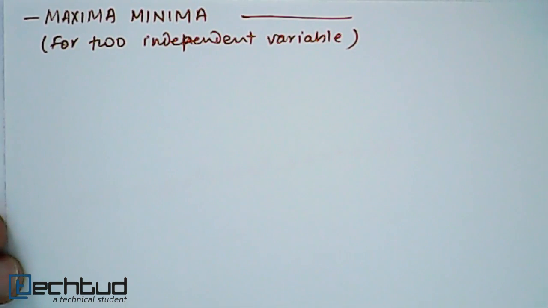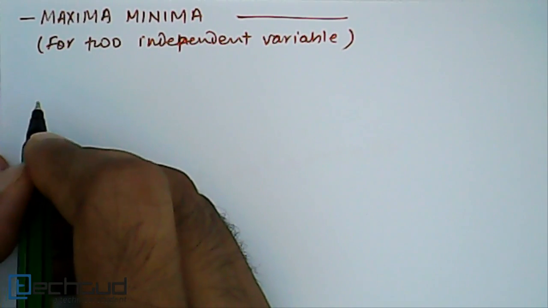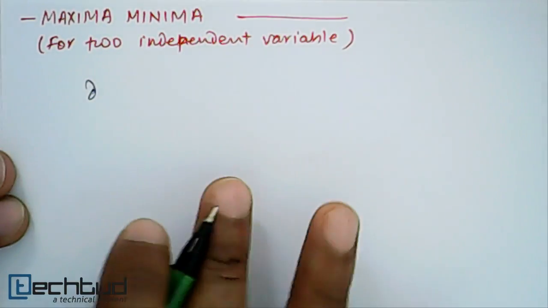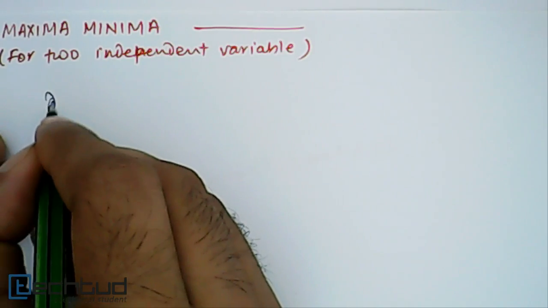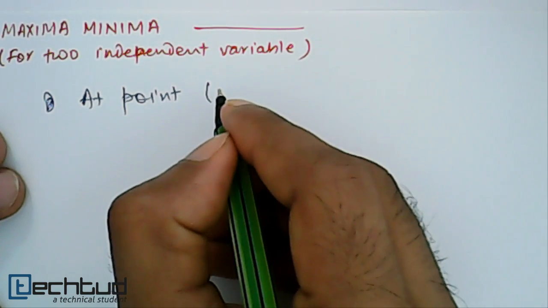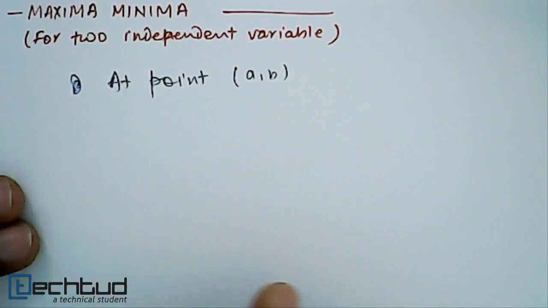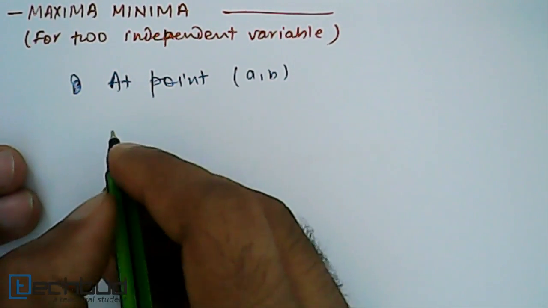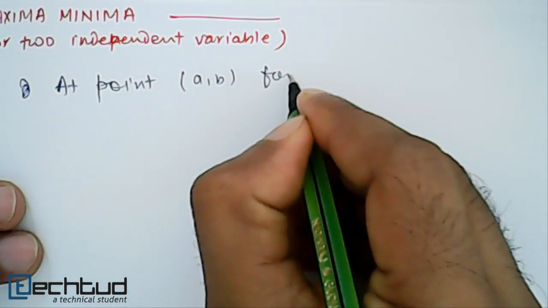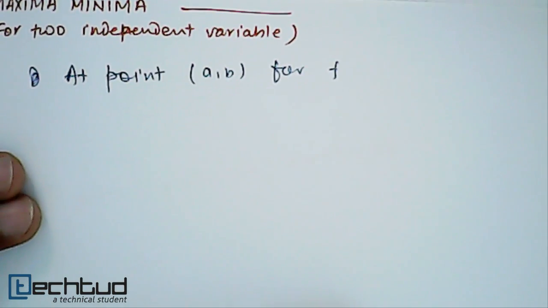So we have studied partial differentiation. So what you will do, first of all, to exist maxima or minima, we have one condition, that the del f, let's say we are checking maxima and minima at point, let's say we'll write it AB. Okay, so at point AB we are checking maxima minima. Then first of all we will go and find out the value for the function, let's say we call it f or u, whatever.